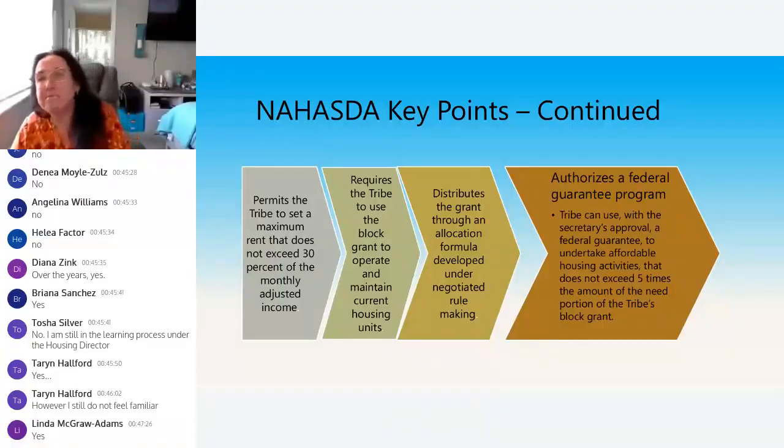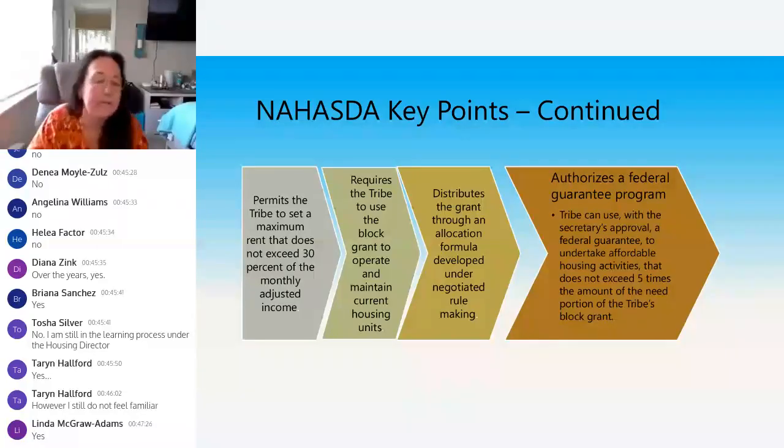Okay. You can get into trouble if they're not a Native American family unless they're essential or law enforcement. Okay. It's supposed to be for Native American people. You have to be careful though, unless they're in like an existing mutual help program.